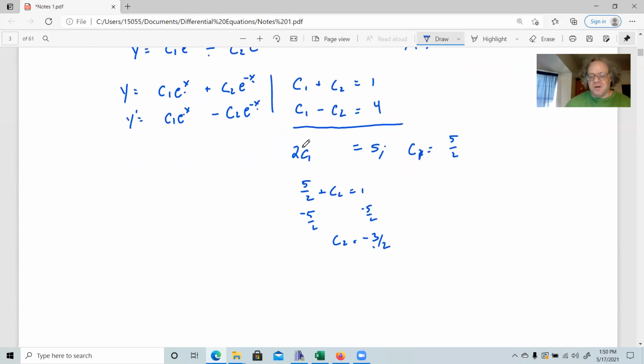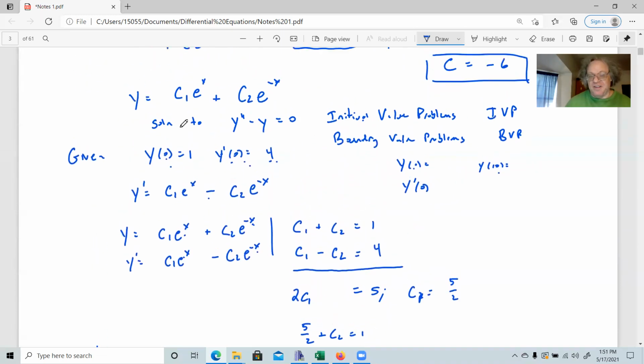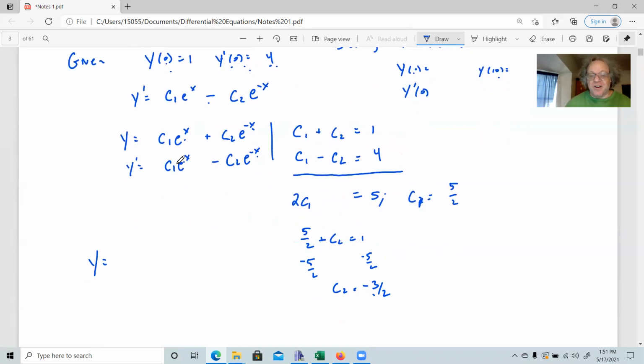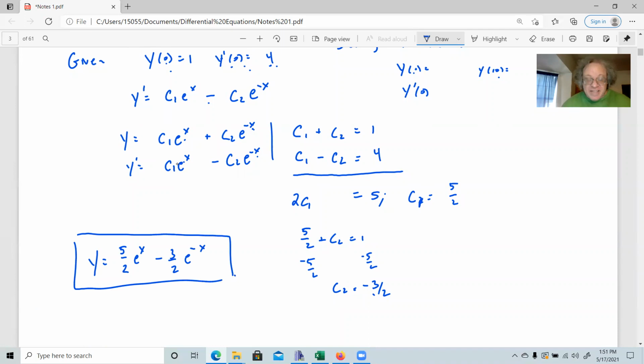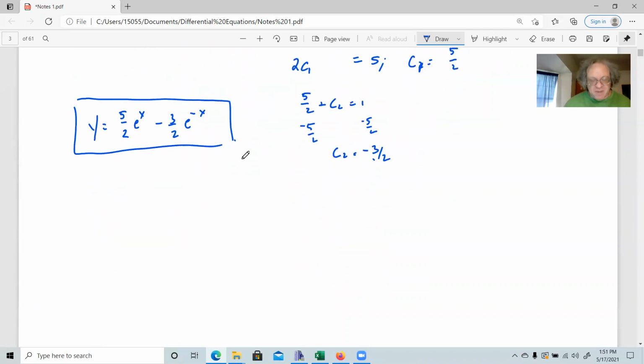So our actual function that's going to satisfy every condition here is 5 halves e to the x minus 3 halves e to the minus x, and that's what they wanted us to find. Don't read too much into what they're asking us to do, especially in chapter 1. I promise it gets harder, but at the beginning here, we only have this little bit.